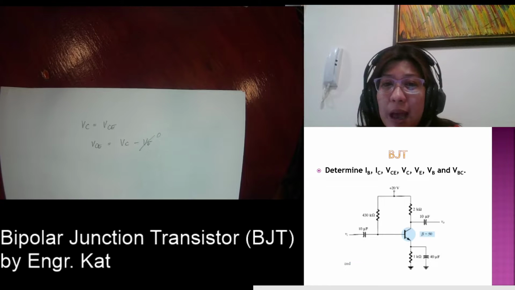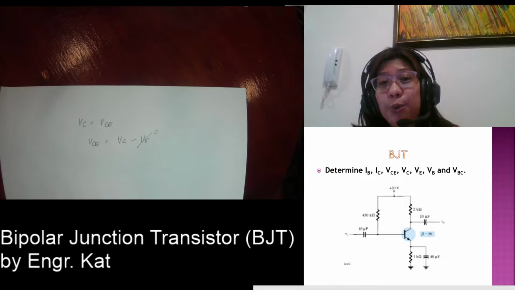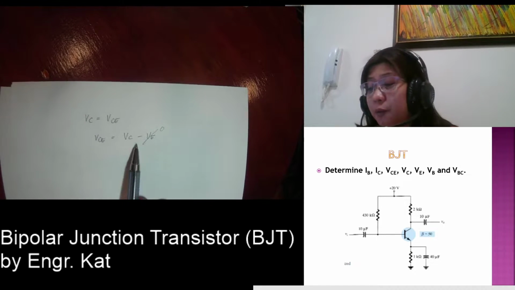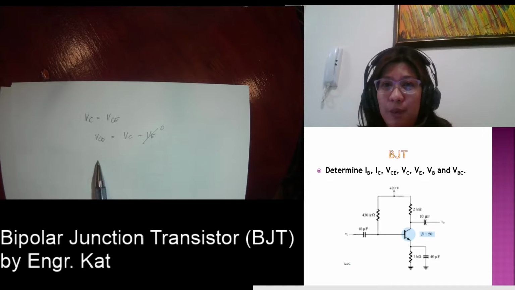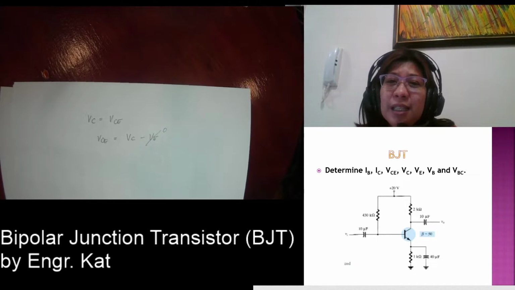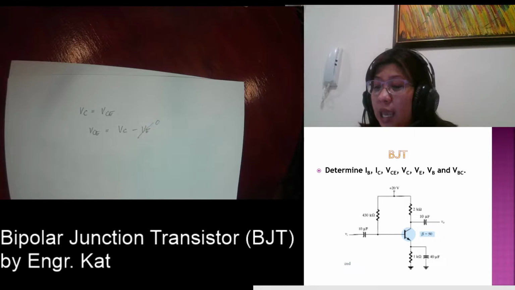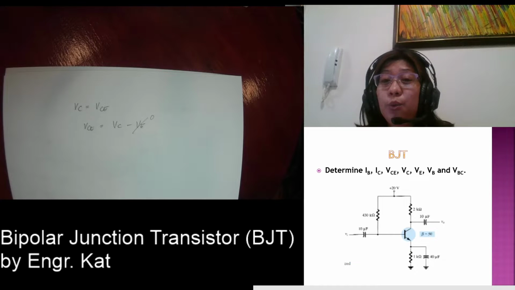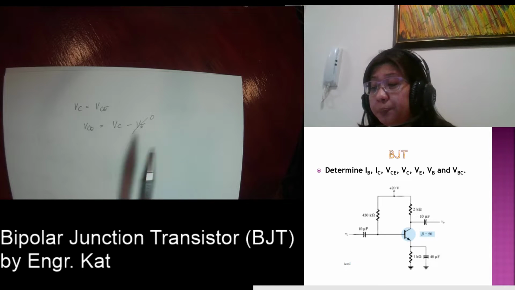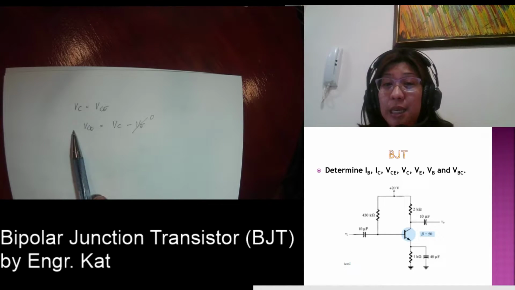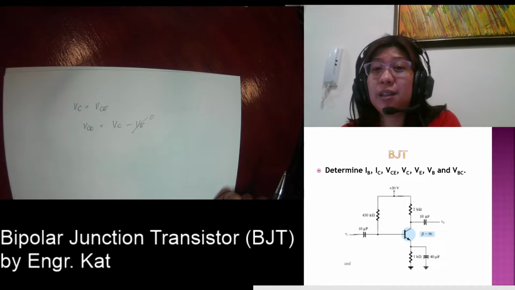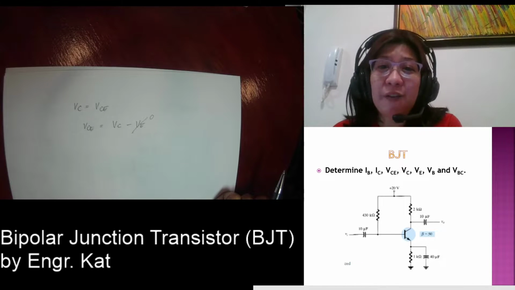Why? Because we have a resistor placed in your emitter terminal. So therefore, VE is no longer equal to 0, and VC is not equal to VCE anymore. So the first thing that will come to your mind when we try to solve for VC, what is your immediate formula for VC?